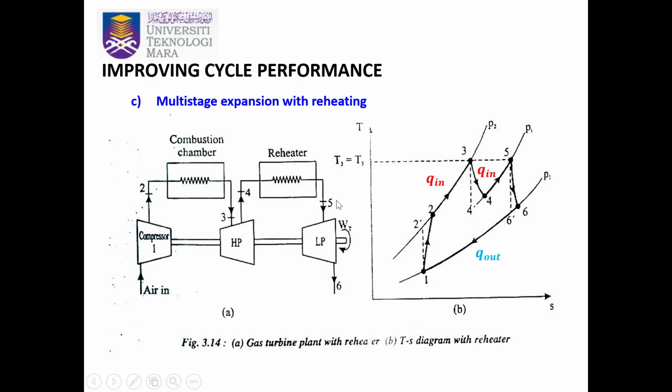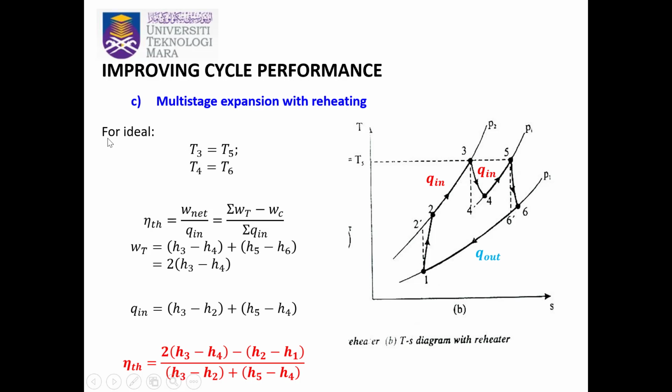For the ideal cycle, T3 is equal to T5, and T4 is equal to T6. The thermal efficiency for this cycle is equal to work net over Q in.